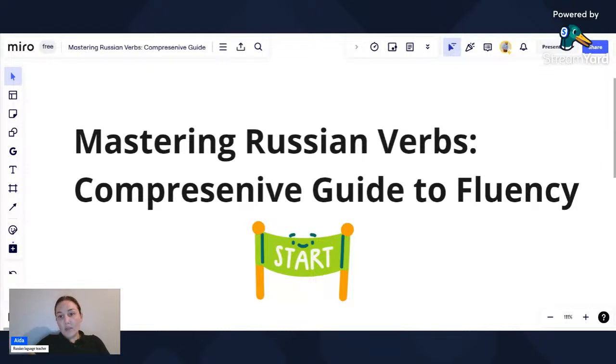You can use the structure «Меня зовут» plus your name. And also «Я из» and your country. My name, for example, меня зовут Аида. Как вас зовут?